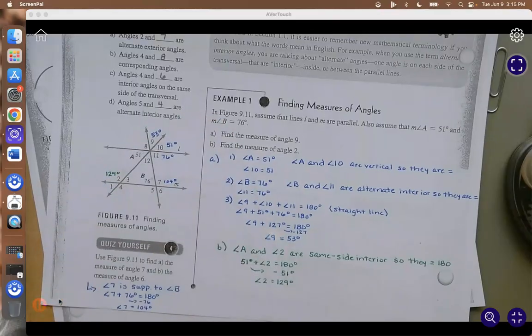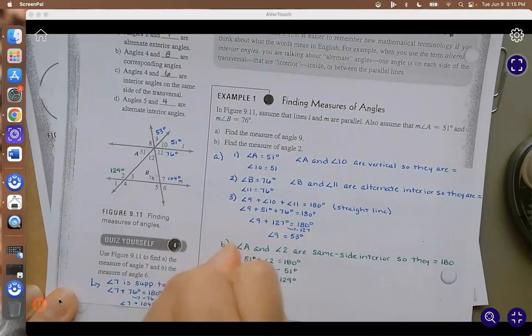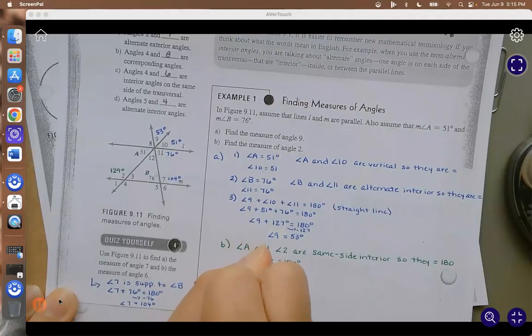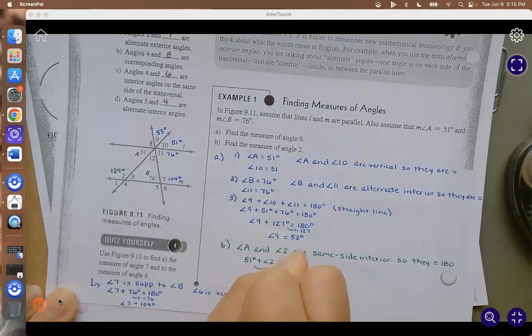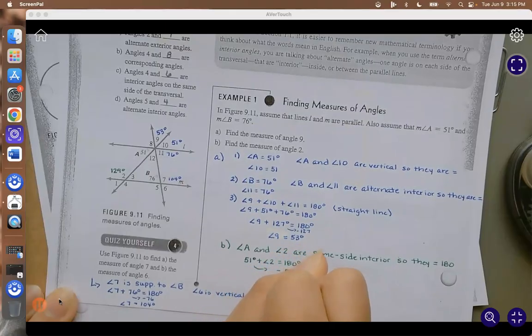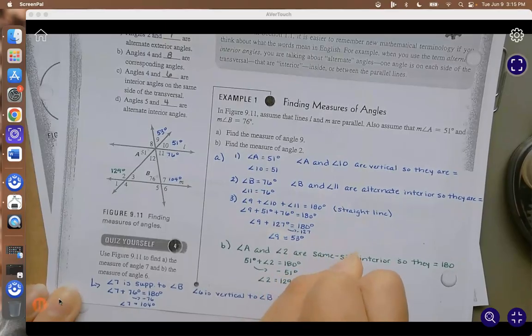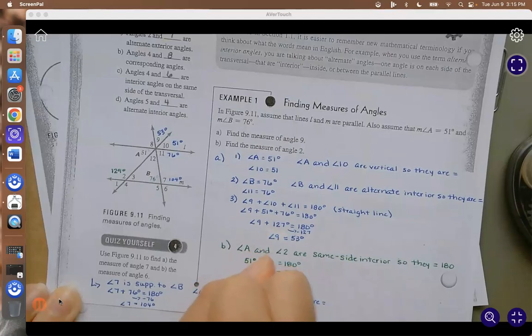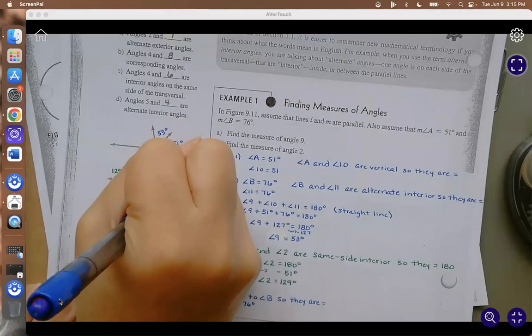Now, we can do this. Angle 6 is vertical to angle B, so they are equal. So angle 6 is 76 degrees.